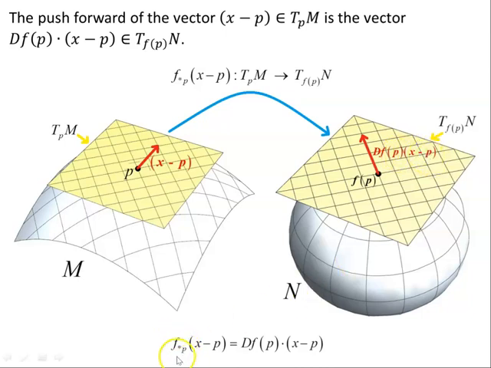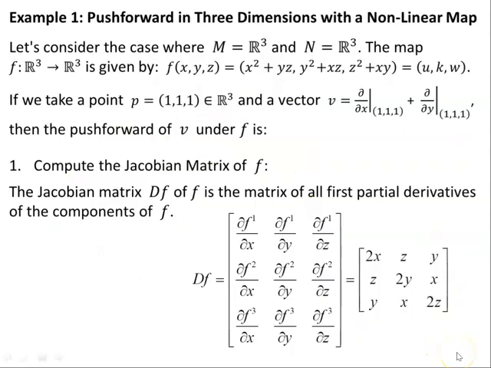And so f star p of the vector x minus p is d f of p times x minus p. And that's how we push the vector on this tangent space to this one. Remember, the map f maps M to N, we take the point P on M and it becomes the point f of p under the map f to here at N. That's the map. So that's what we did last video.